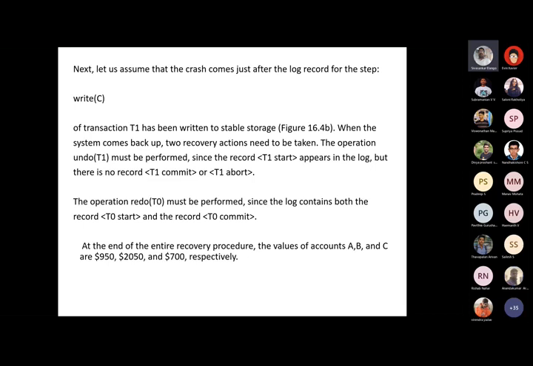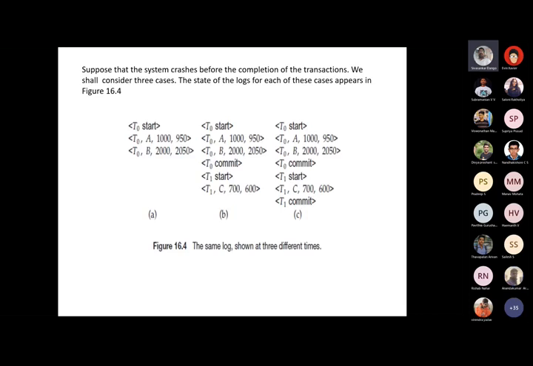since the record T1 start appears in the log, but there is no record corresponding to T1 commit or T1 abort, right? So what we do is that we undo this transaction T1, and we are going to restore the data item to its old value, which is going to be $700.